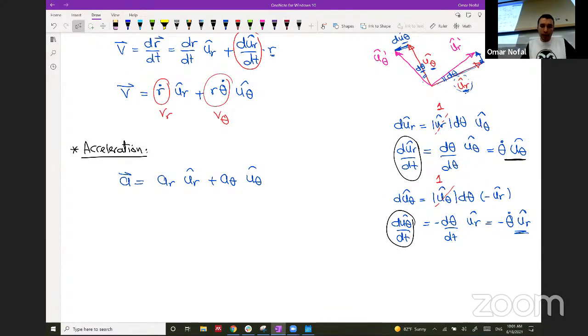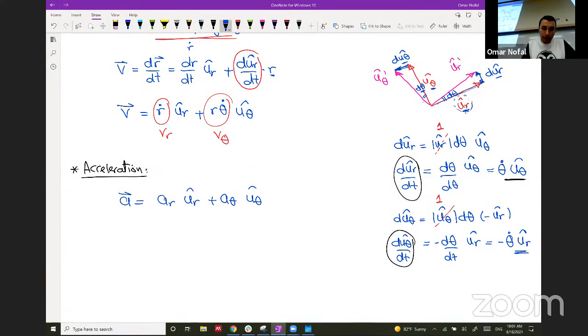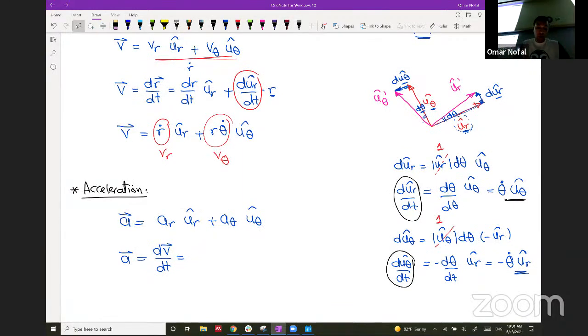So if we want to calculate this, we will also go back to the principle that the a vector is equal to the time rate of change of the velocity. If we want to differentiate this, it will be a long differentiation, because you have r dot multiplied by ur and r theta dot multiplied by u theta.